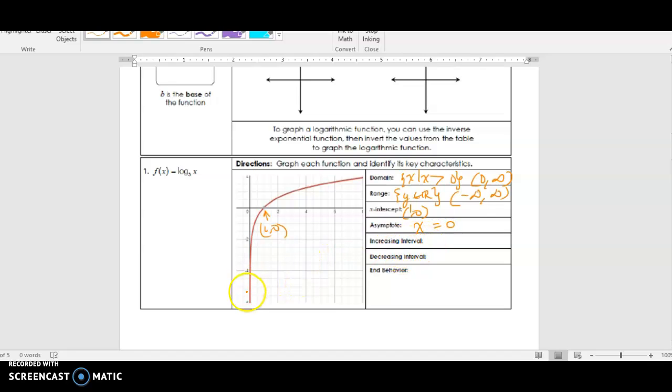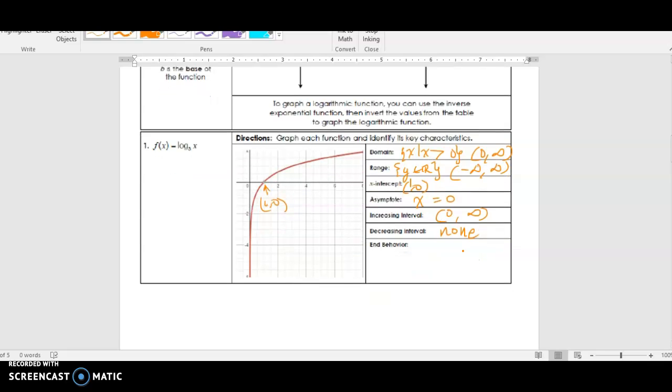And the graph is actually increasing from 0 through infinity. It's not going below 0, is it? So the graph is increasing on the open interval 0 to infinity, and it is not decreasing. And there is a catch when you write the end behavior here. We cannot say as x approaches negative infinity.